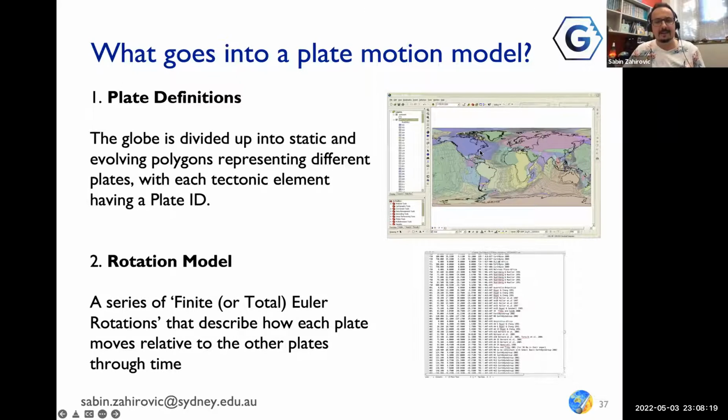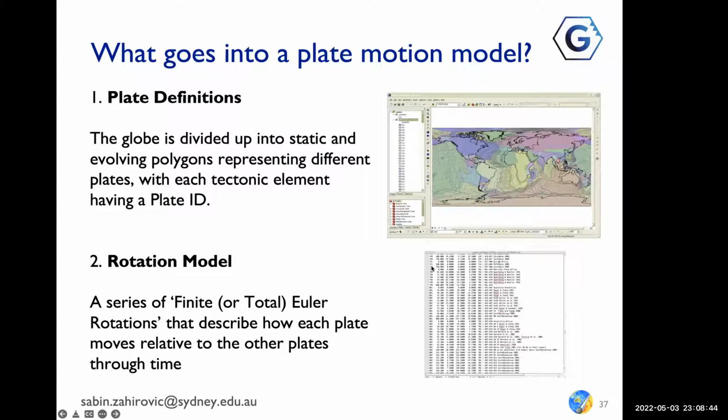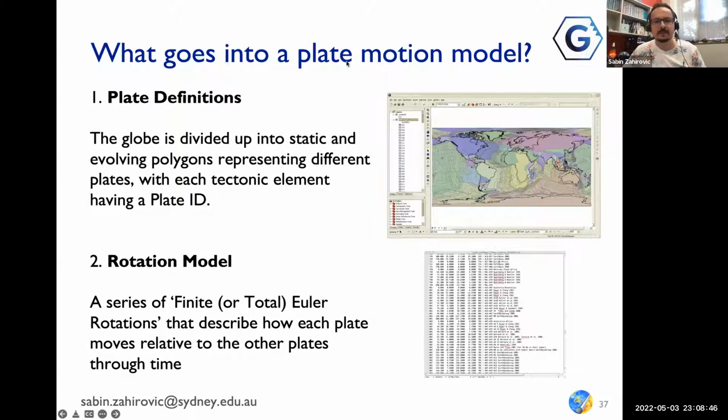The plate IDs are integer values. They're an identity for some tectonic element, and so GPlates will apply a common rotation, the same rotation, to anything that has the same plate ID. So for example, North America here is 101. That motion is set out in the rotation file.